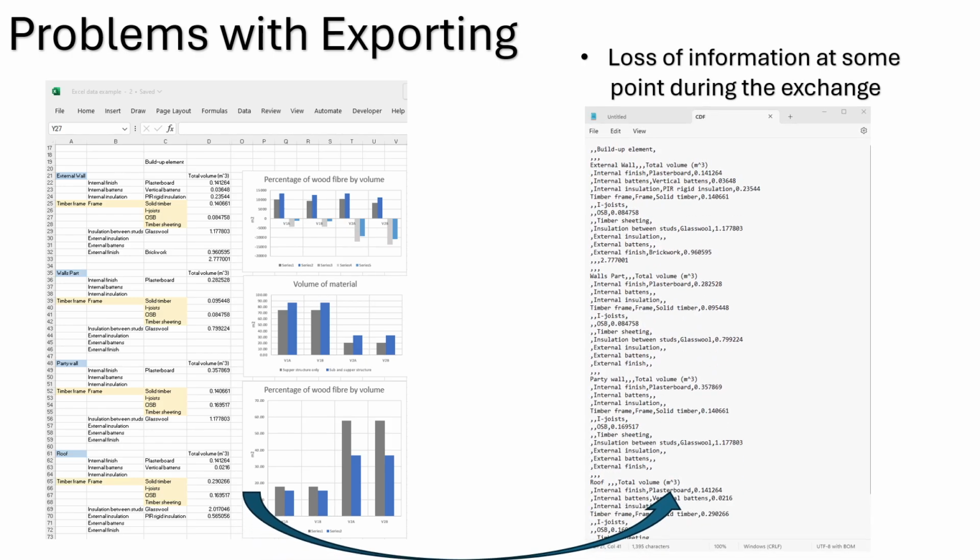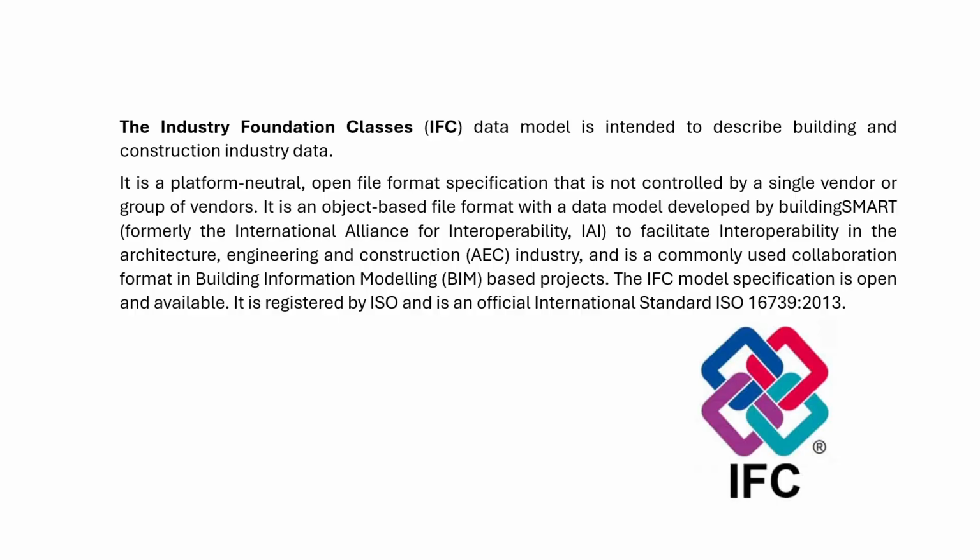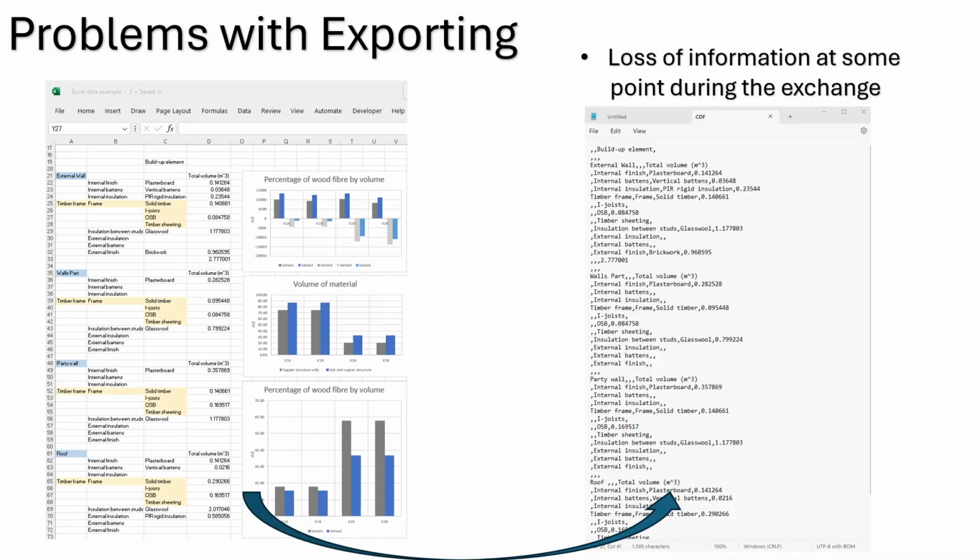So you end up getting something like this. That data is correct. That is the same data that you see in the Excel, but it's formatted very differently, and it is just a mess. However, it is still factually correct. So you're losing something in that format exchange.